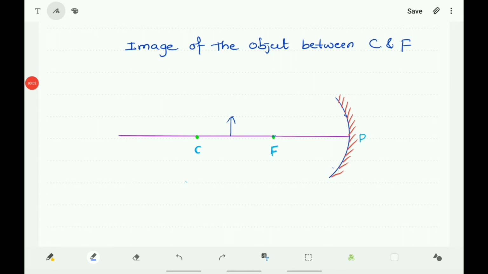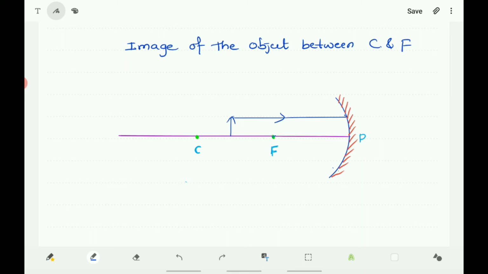Now let us consider the image of the object between C and F. When the object is between C and F, that is between the center of curvature and principal focus, let us consider two rays. One is the ray parallel to the principal axis.